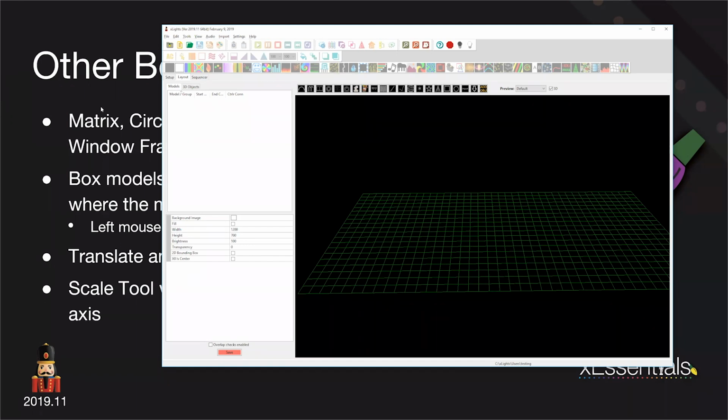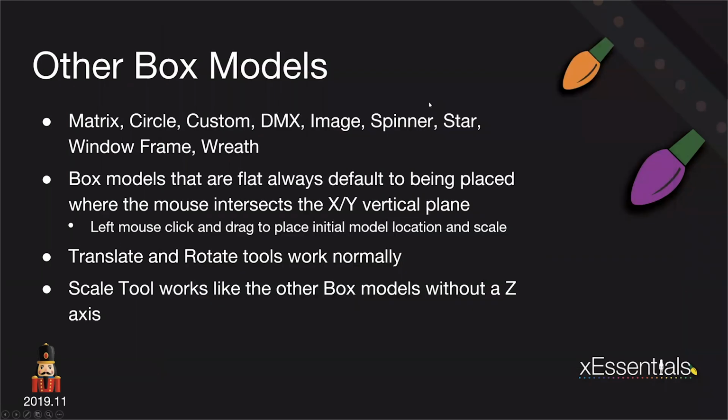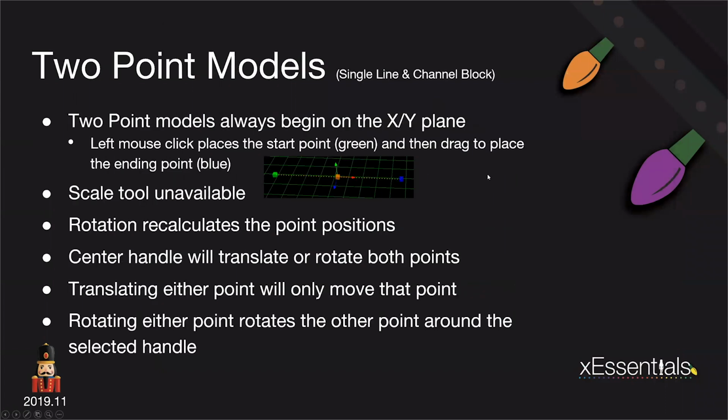Okay, let's see. Next is going to be the 2-point models, which is primarily the single line model. They're always going to start on the XY plane, like I showed earlier when I misspoke. Left click is going to place the start point, which will be the green square, and then you drag it to place how big it is, where you place your ending point, which is the blue square.